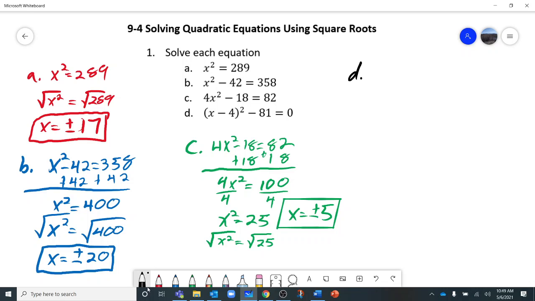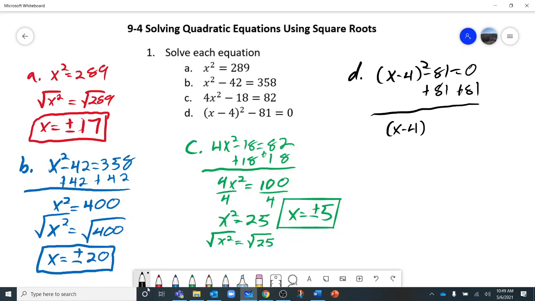(x minus 4) squared minus 81 equals 0. Okay, so (x minus 4) squared minus 81 equals 0. Add 81 to both sides. And we get (x minus 4) squared equals 81. Take the square root of both sides.